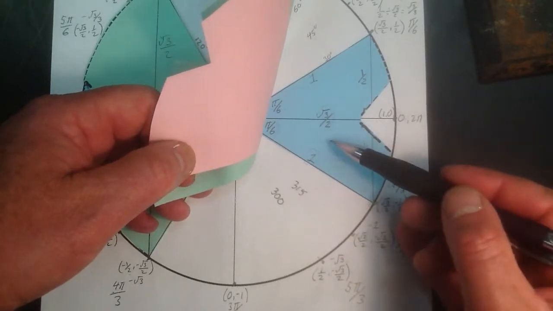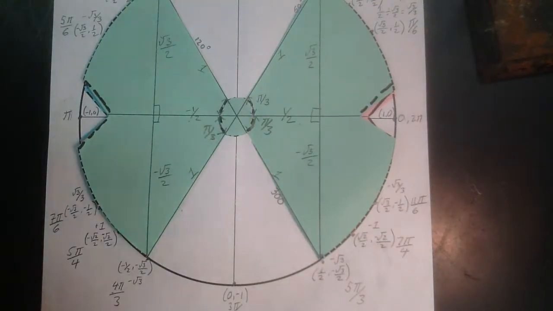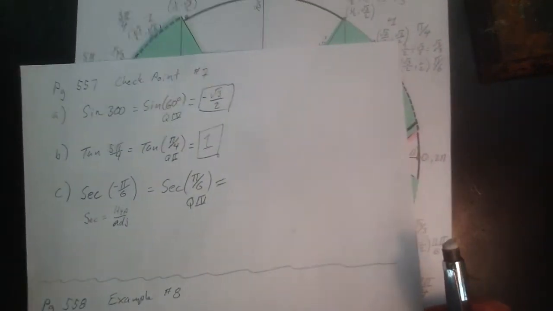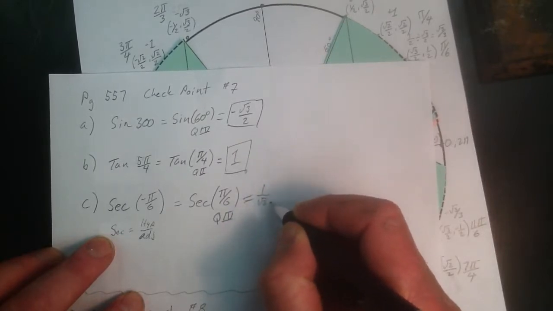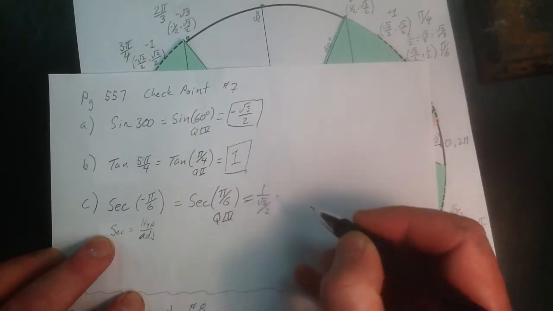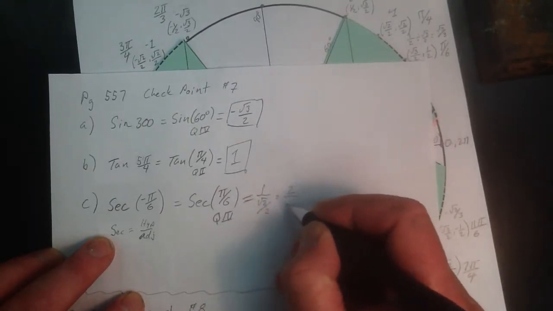So that's 1 divided by root 3 over 2. Which is just going to make this a reciprocal. It's going to make this 2 over root 3.